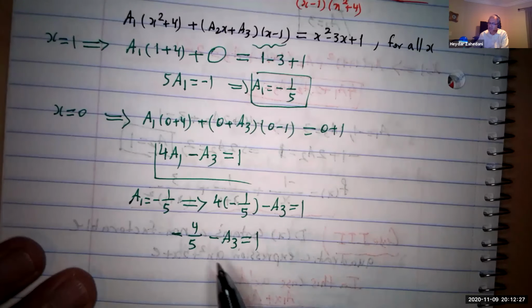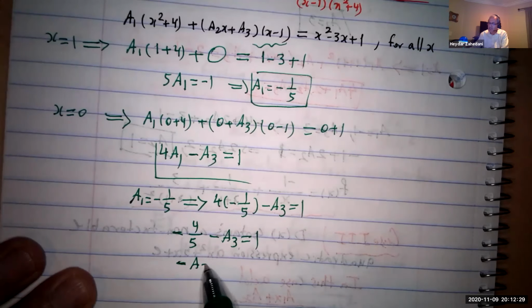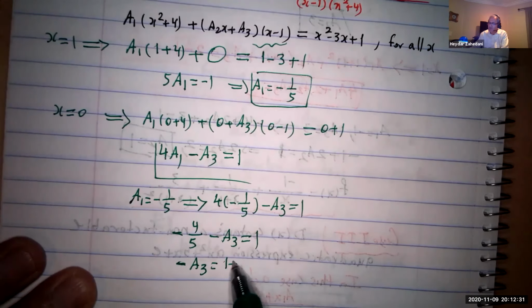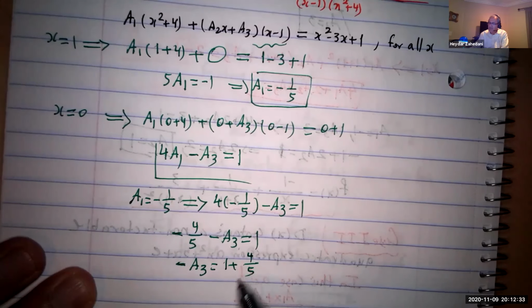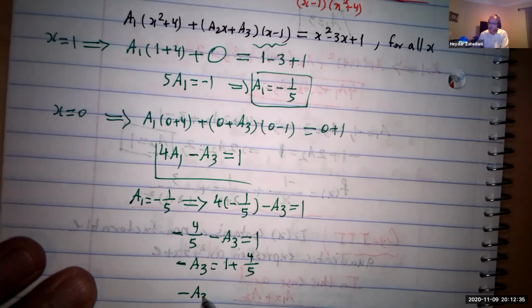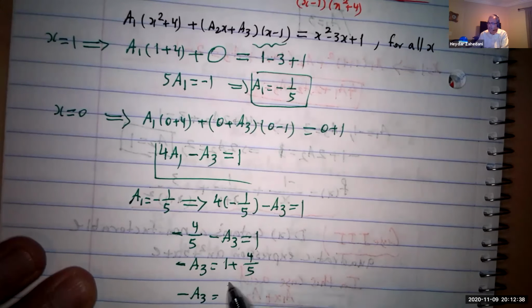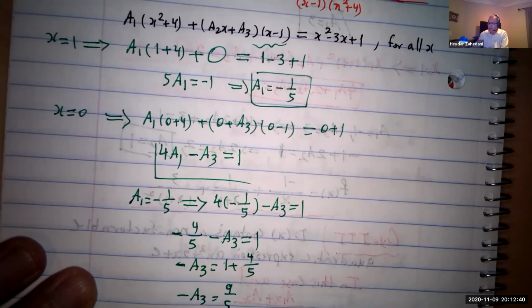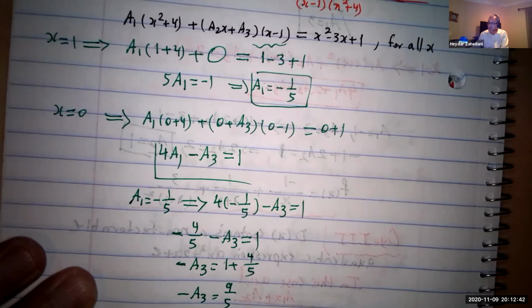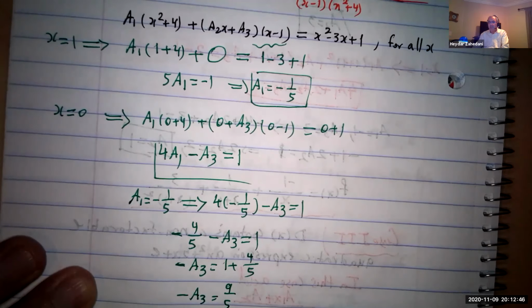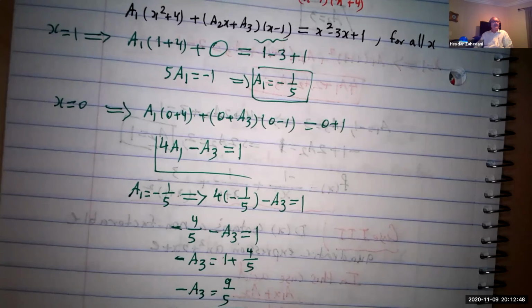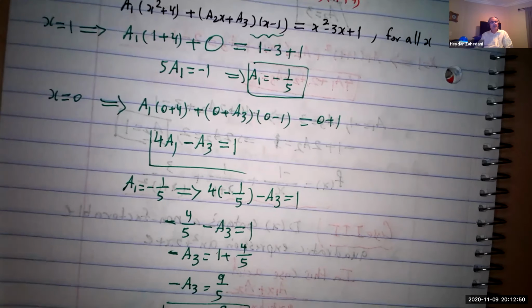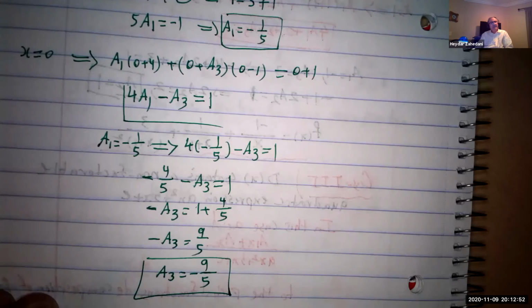What we're going to do is, this is a negative a3, and that would be 1 plus 4/5. So it's going to be a3, what's that, 9/5. So a3 would be negative 9/5. This is going to be your second unknown. Any question?